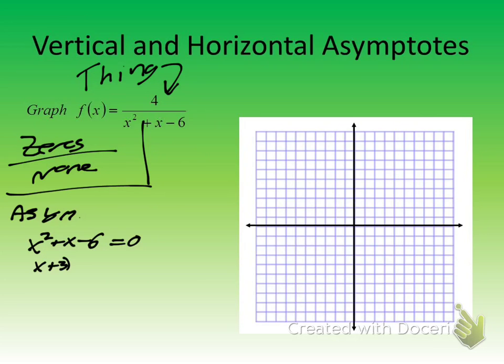So x plus 3, x minus 2: x equals negative 3, x equals 2. So you have vertical asymptotes at the lines x equals negative 3, which is here, and x equals 2, which is right there.